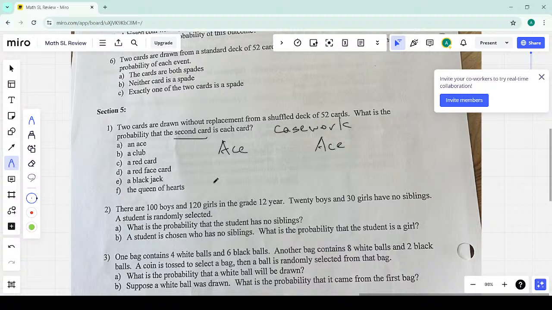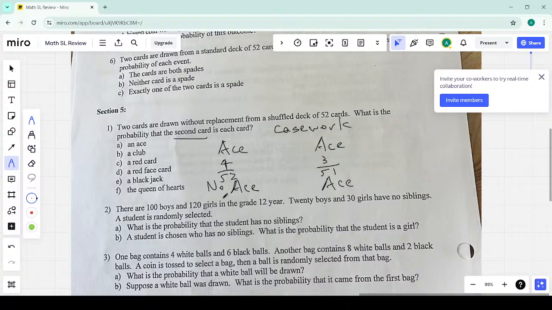Or we don't draw an ace on the first turn, but we draw an ace on the second turn. So these are the two cases. In the first case, if we draw an ace on the first turn, there's 4 out of 52. Then, on the second turn, we have to draw another ace. On the second turn, we already drew one of them, so that would be 3 out of 51.